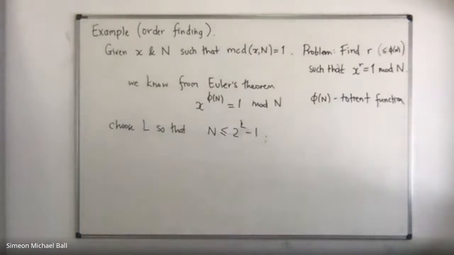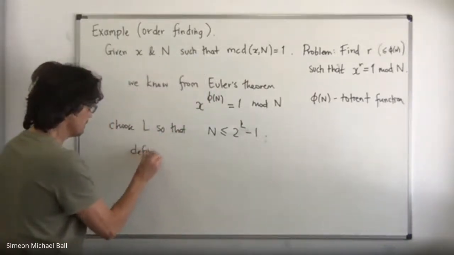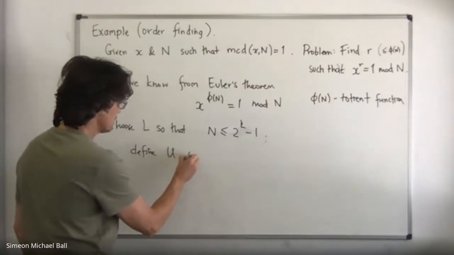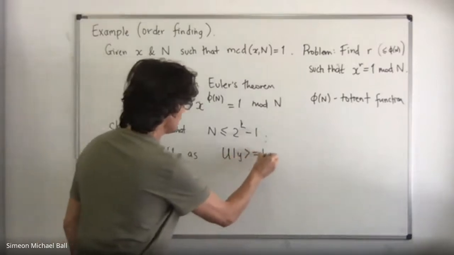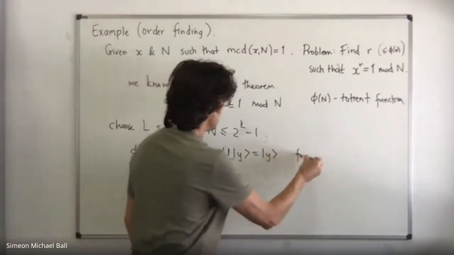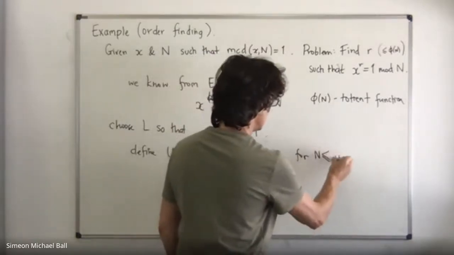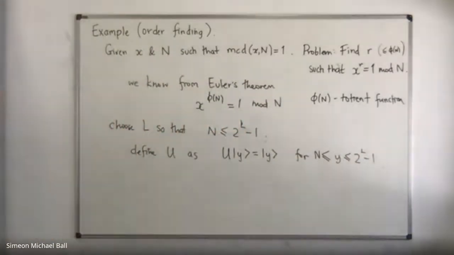Okay, and so now we define our unitary. So U of y is just going to be y for, so I'm going to have a circuit on L qubits, right?